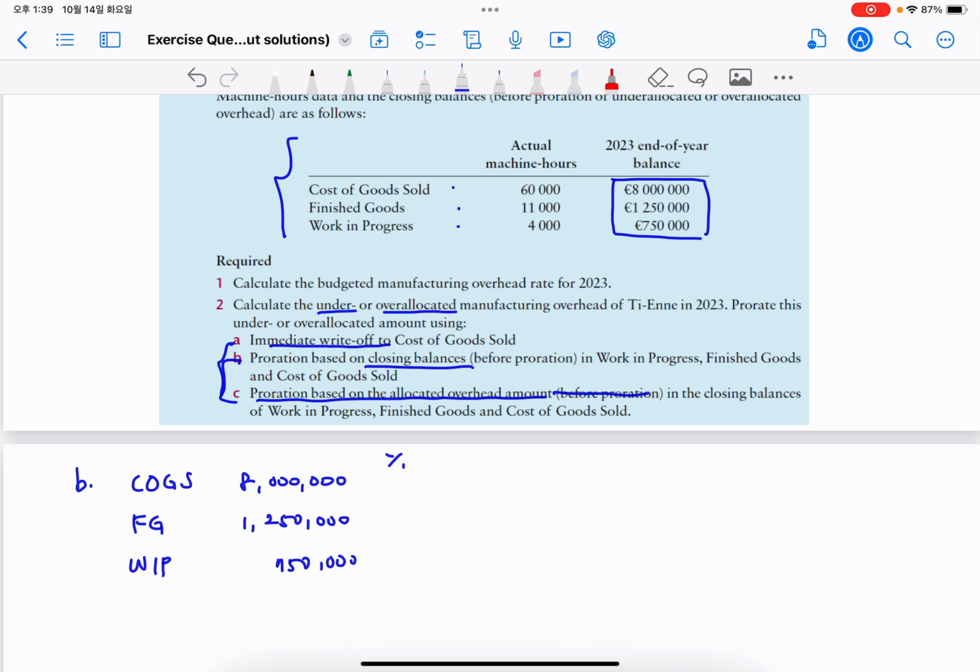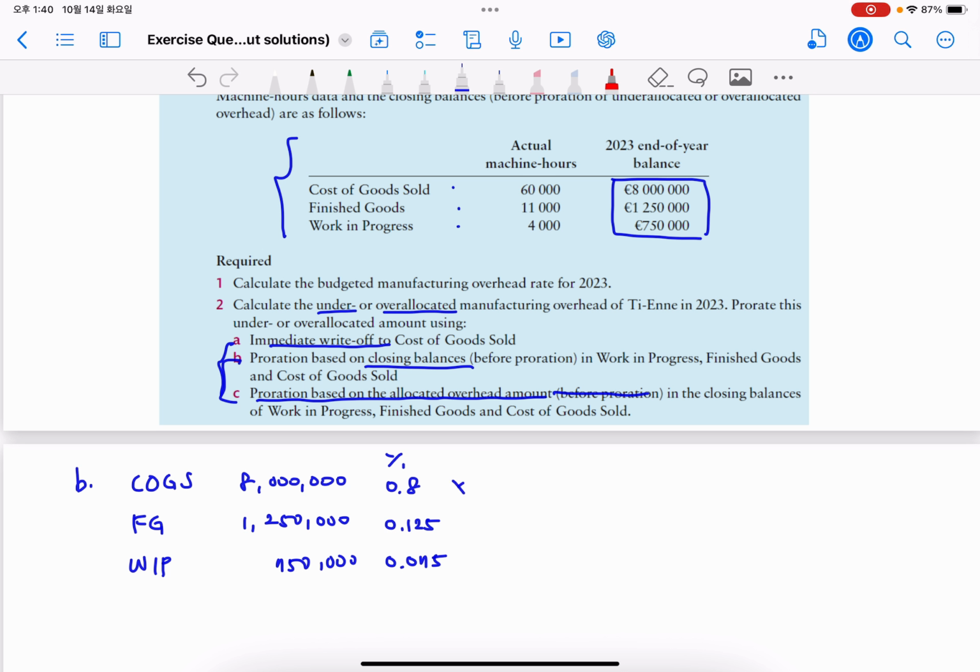We need to figure out what percentage each accounts for. After the calculation, you will notice that COGS accounts for 80%, the finished goods 0.125, and the work in progress 0.075. You can check with your answer.